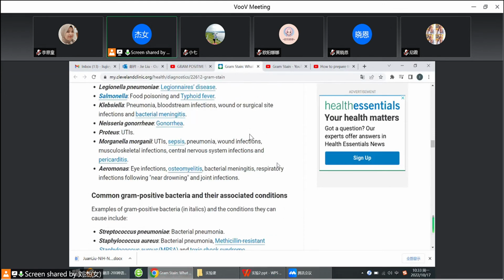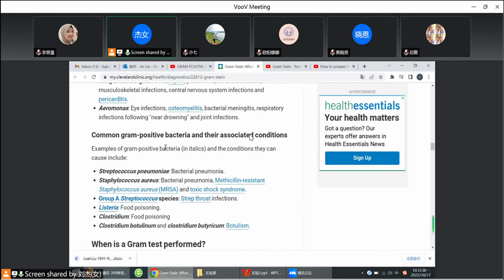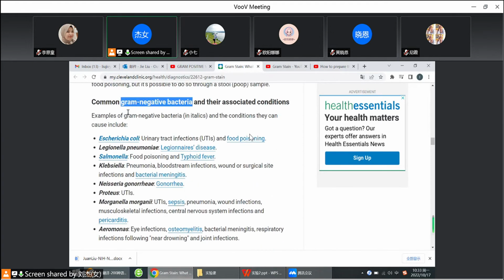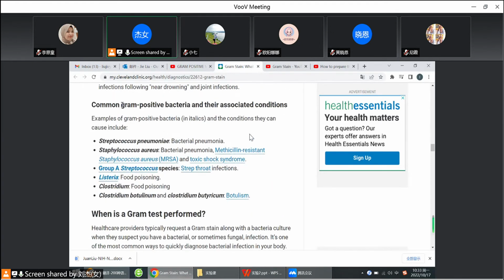So here are the gram-negative bacteria, and these are the gram-positive bacteria, and their associated conditions, the diseases caused by them, such as Streptococcus pneumoniae, and it will cause bacterial pneumonia.